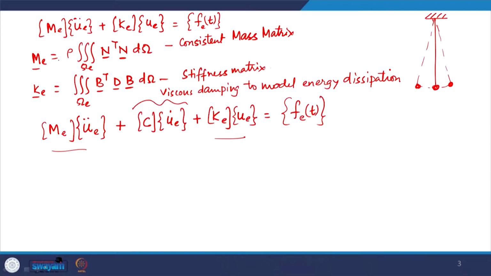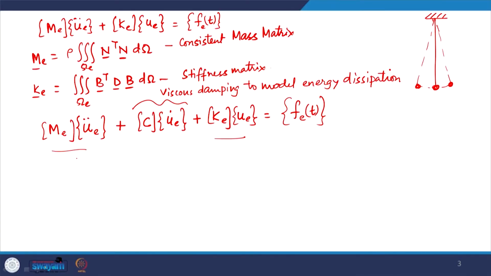We can assume the velocities are also interpolated in the same way as the displacements, with some velocity proportional viscous damping coefficient, and we integrate over the domain, and we can get the damping matrix C. That would again be proportional to the mass matrix, because that will again involve N transpose N integral over the entire domain. So, that would be mass proportional damping, as it is called. That can be directly derived from the mass matrix that we already have.